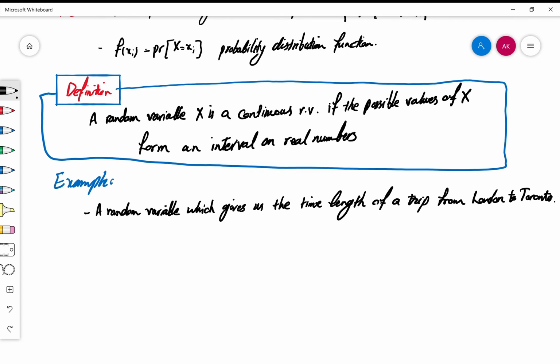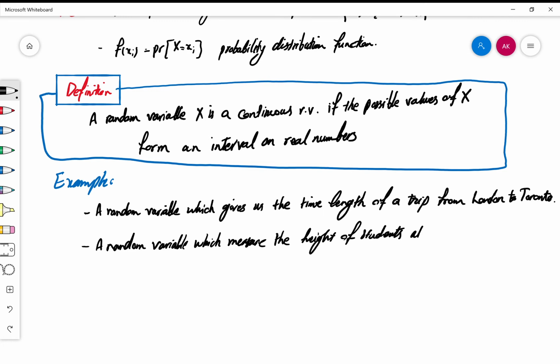Or a random variable which measures, say, the height of students at Brescia, let's say.